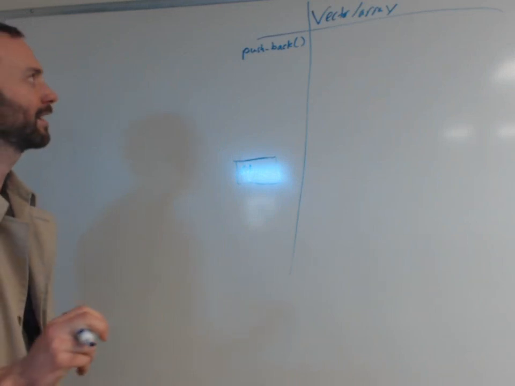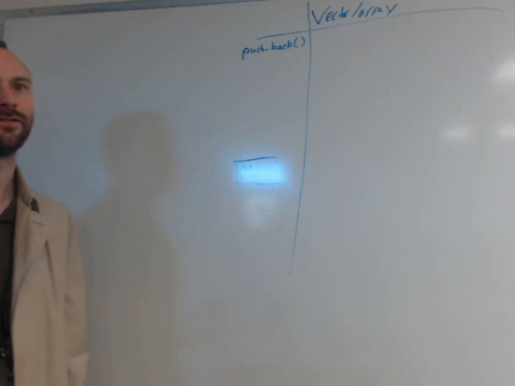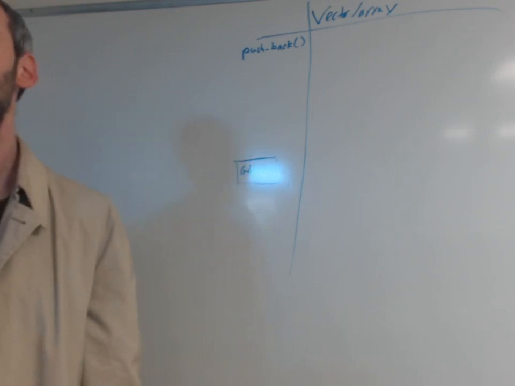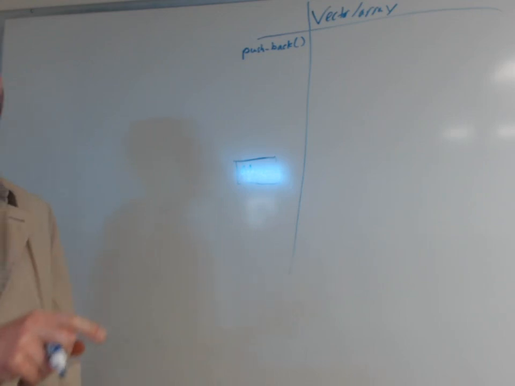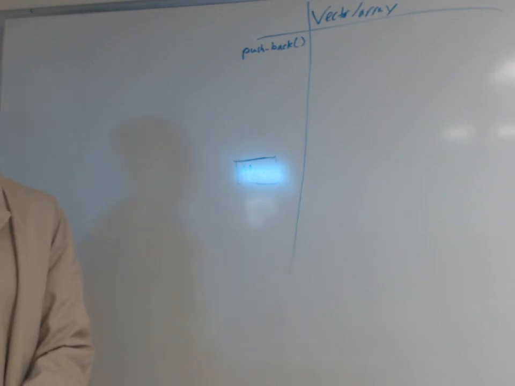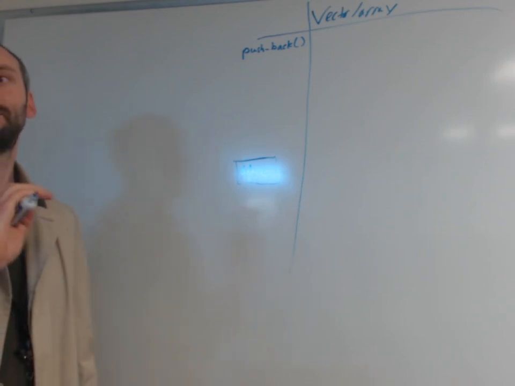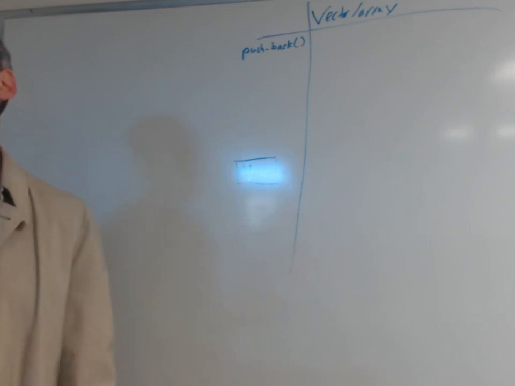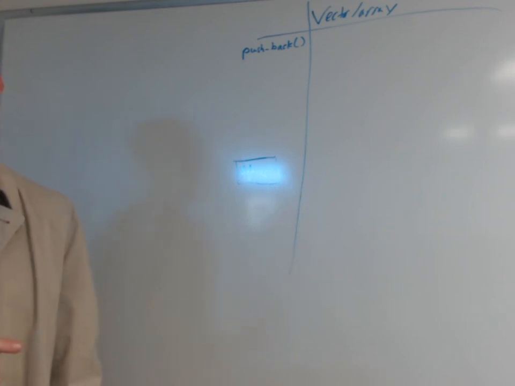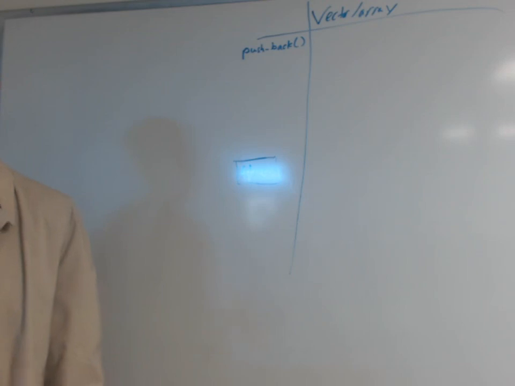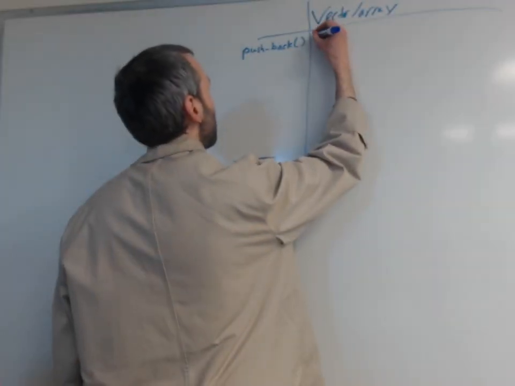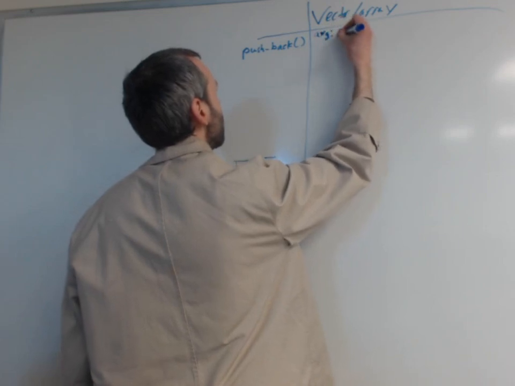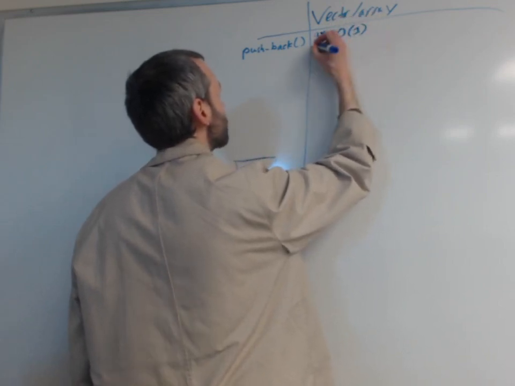What's the big O of push back? Is it always O of n? No. Okay, when is it not O of n? Let's say that there is space at the end of the vector. What would this be? X, where X is constant. Right, so big O of 1. So I'm going to put average O of 1.